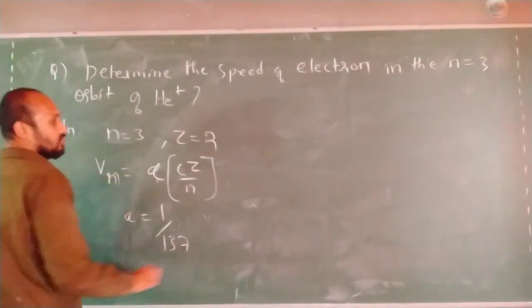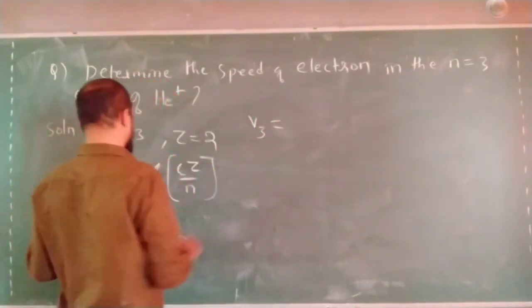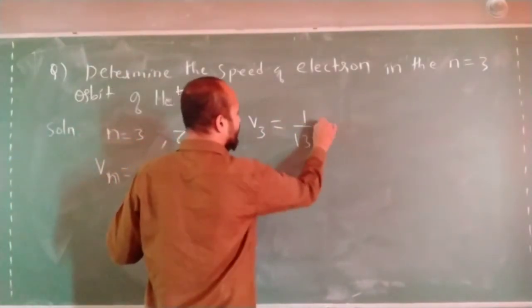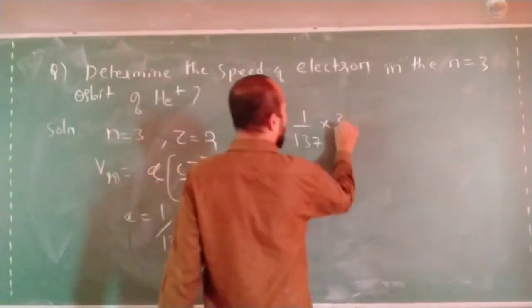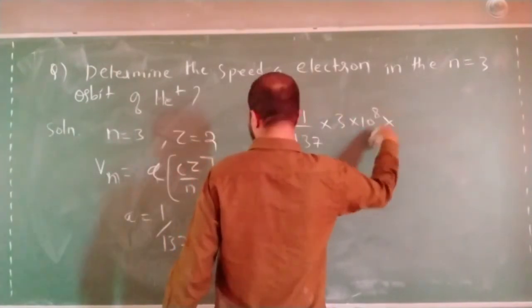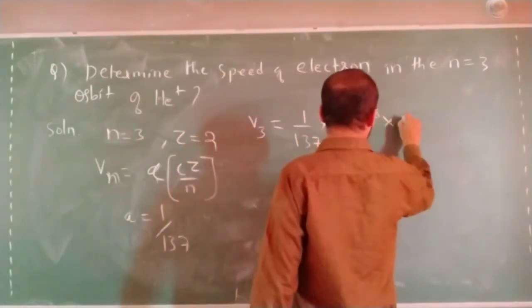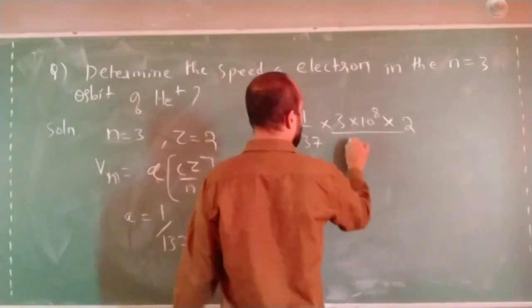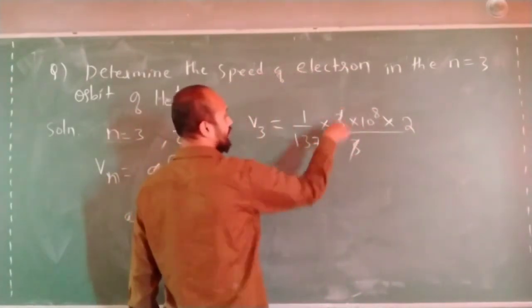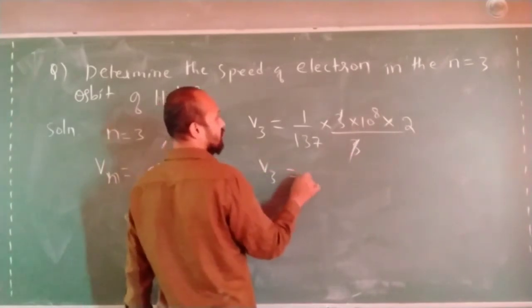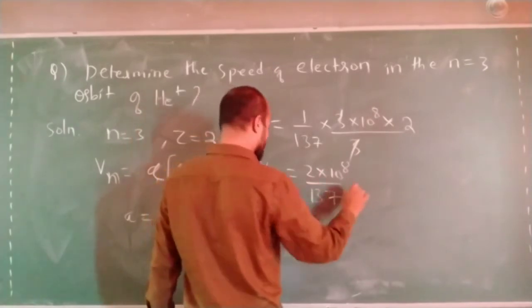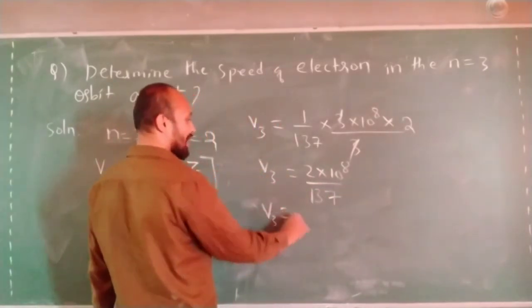So V3 will be equal to 1 divided by 137 into 3 into 10 to the power of 8 into Z value, which is 2, divided by n, which is 3. So 3 is getting cancelled. So V3 is equal to 2 into 10 to the power of 8 divided by 137. So this is the value of speed.